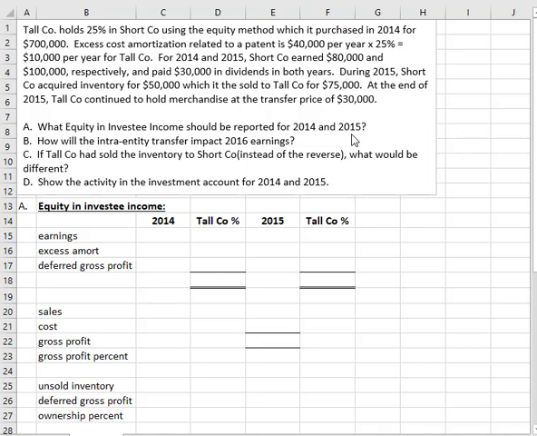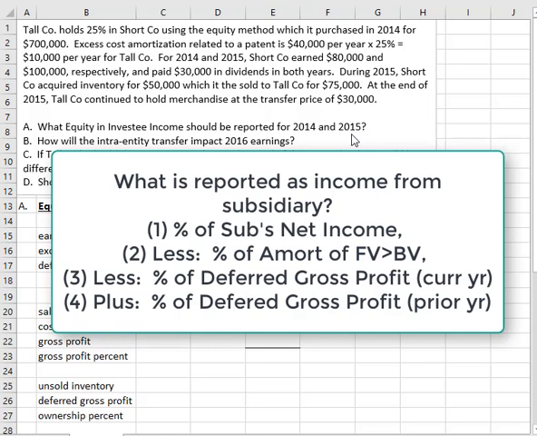So what's going into income? What goes into income is the percent of net income. So the parent gets to record their percent of the subsidiary's net income, less a couple of things. If there is any excess amortization, so if the fair value was greater than book value, then you amortize that excess.